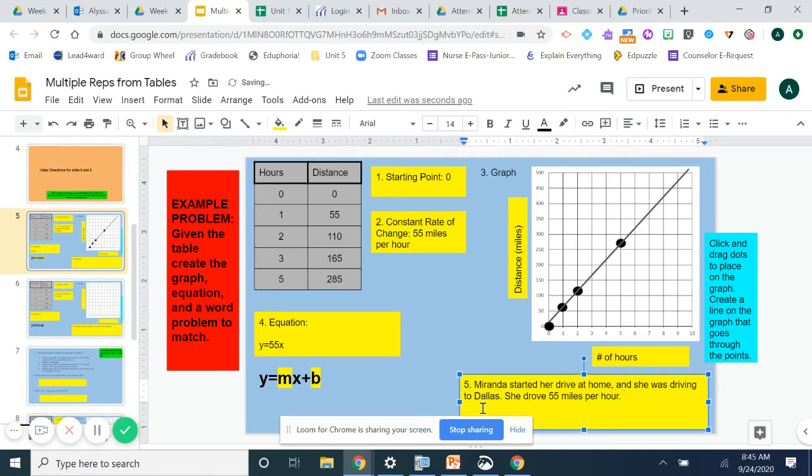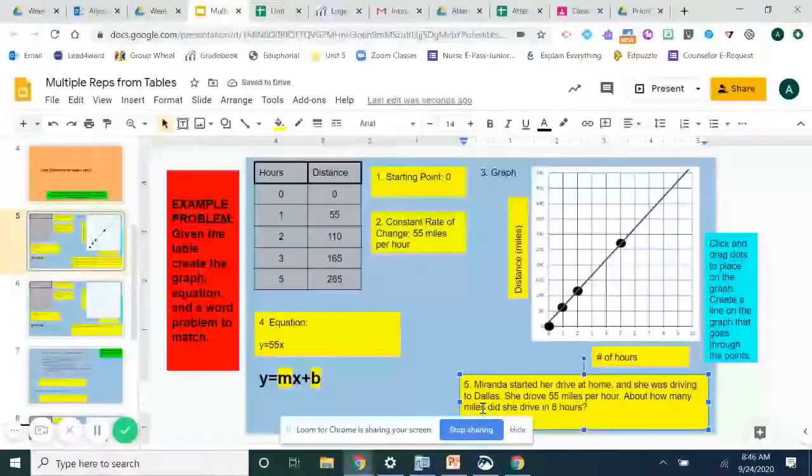And then I'm going to ask a question. Actually, no. Let's say, about how many miles did she drive in, and let's go with 8 hours. About how many miles does she drive in 8 hours?